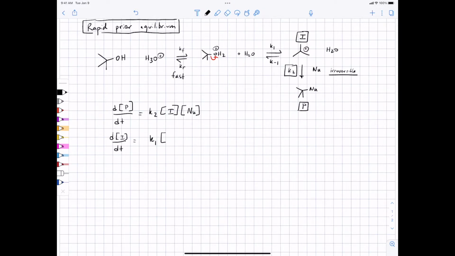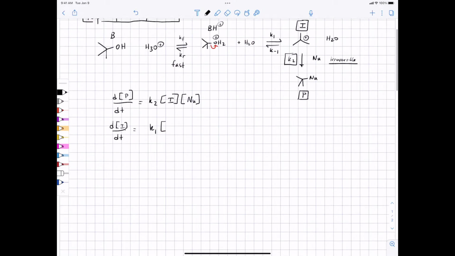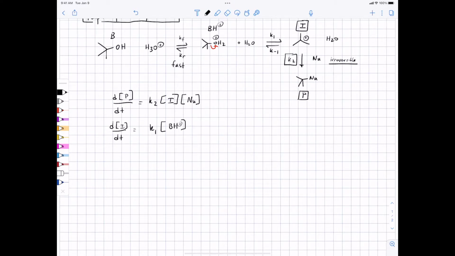Now, I'm not totally sure what to call this, but since it's an acidic species, the conjugate acid of this base, we'll call it HA, and therefore this will be A. I guess if we wanted to be more consistent, maybe this is BH plus and this is B or something like that. Okay, so the rate of formation of that intermediate is a unimolecular process, k1 times BH plus.